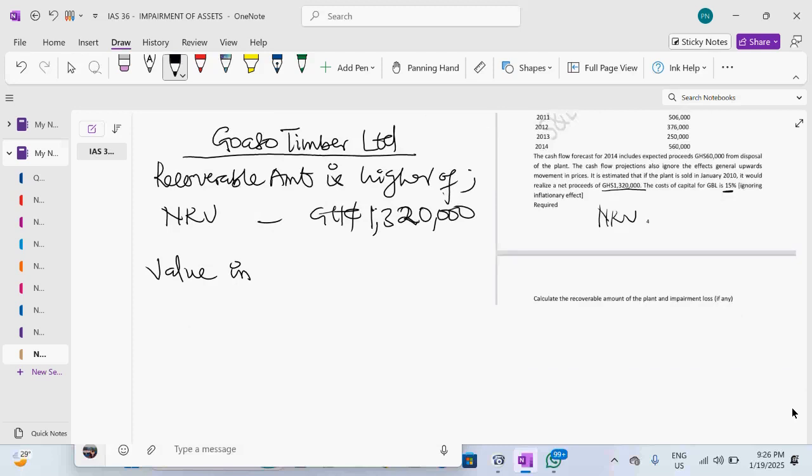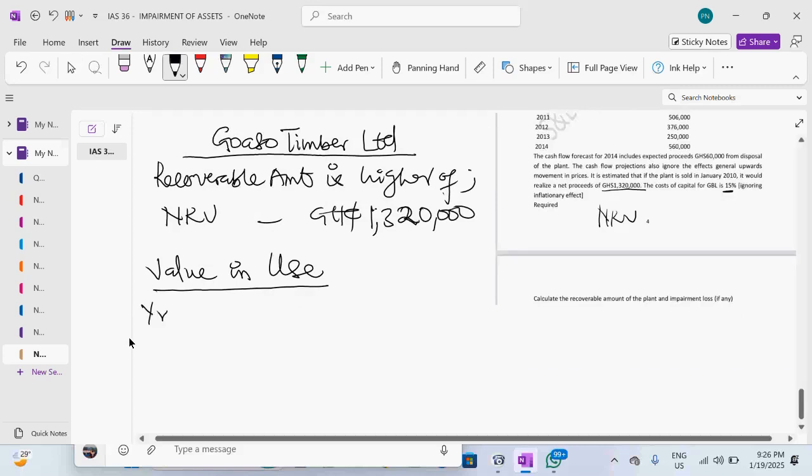Now we work on the value in use. This is the value in use where I said we can give you more than one cash flow. What we solved earlier was just one inflow. So here we are computing our value in use. Because it's more than one cash flow, we can have our year, our cash flow, and our discount factor.